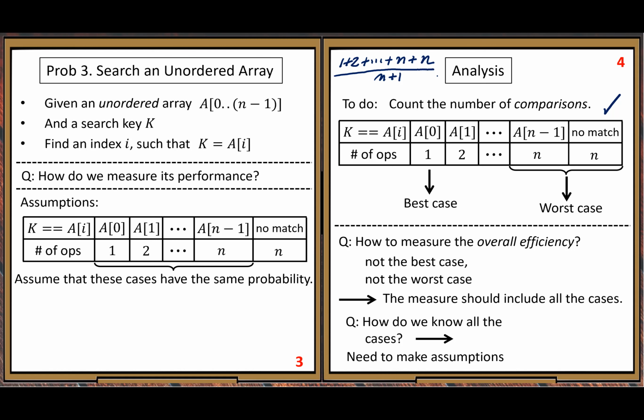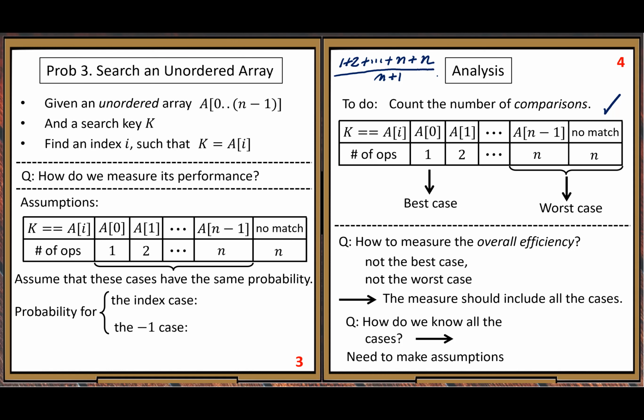In general, we use that assumption in real world applications for the first n cases. Then we also need to make an assumption for the no match case probability.